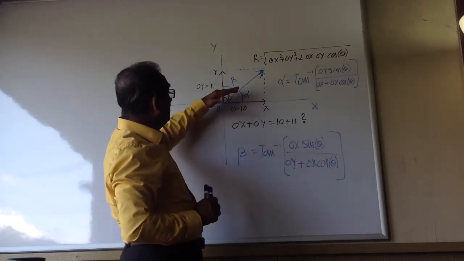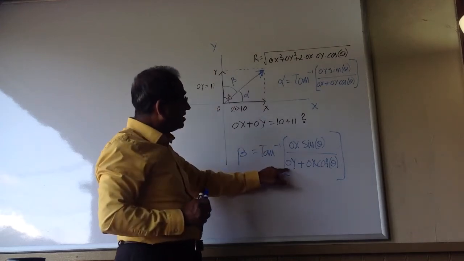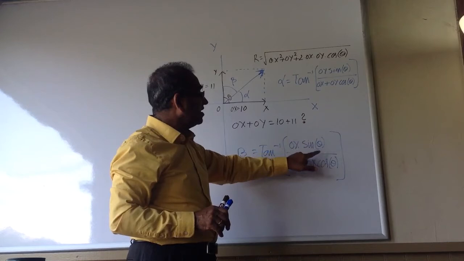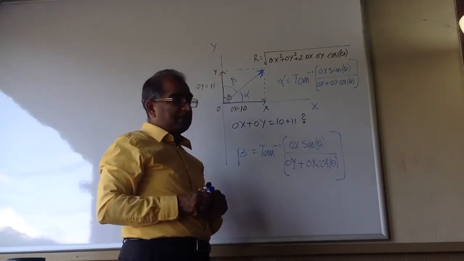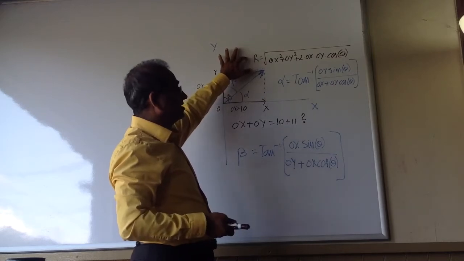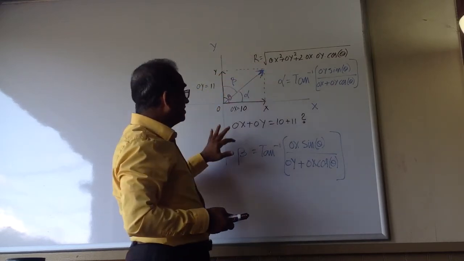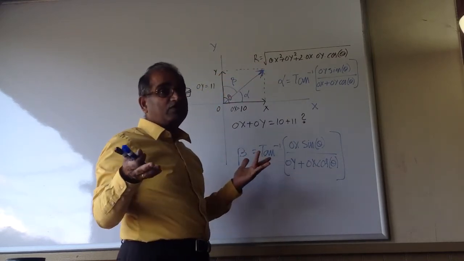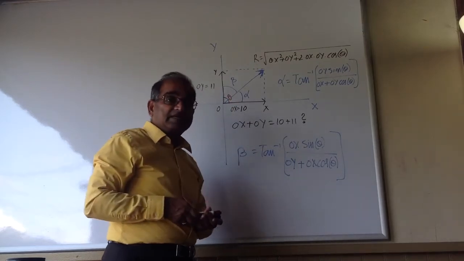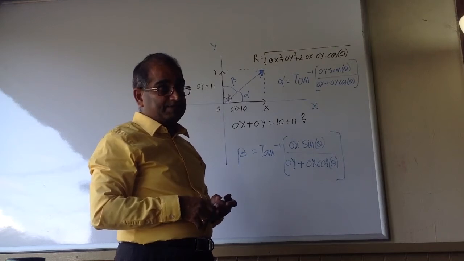Similarly, beta is the angle made with OY, so OY is here without any attachments, and OX has sine and cosine. That's how you remember that. So this is the resultant, sum of the two vectors, and its direction either this one or this one, whichever you want to prefer. So this is how you represent the sum of two vectors.